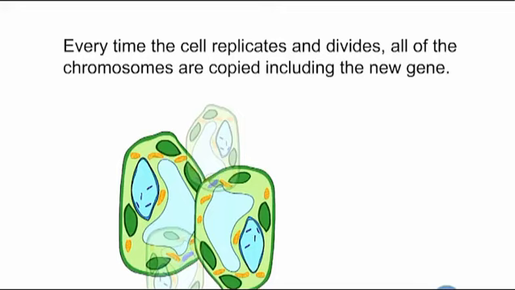So every time the cell replicates and divides, all of the chromosomes are copied, including the new gene, the gene of interest, the rDNA which we have incorporated into the cell. When this cell multiplies, at the same time the gene of interest or the rDNA which we have incorporated into the cell also gets multiplied.